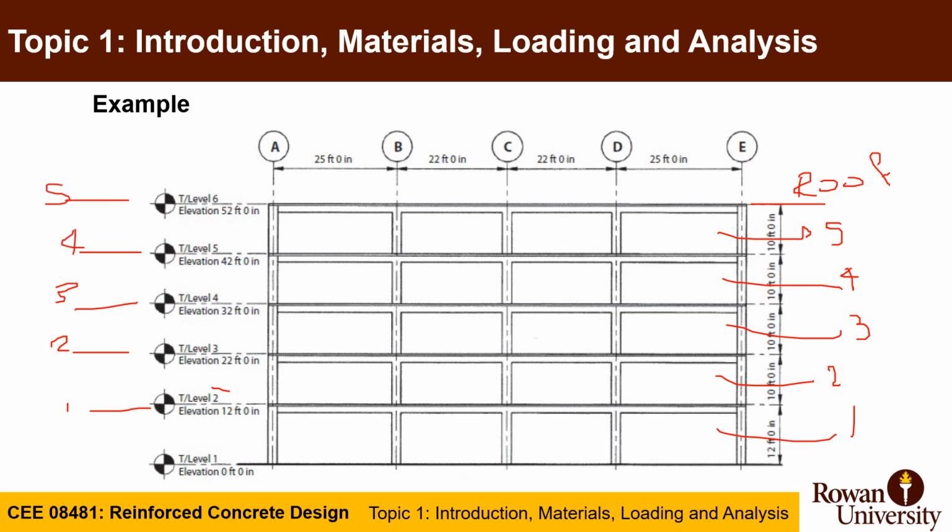As you can see here, 5 carries a roof. Storage is this floor, and the other floors are office, and we don't worry about this much because this is the first floor.